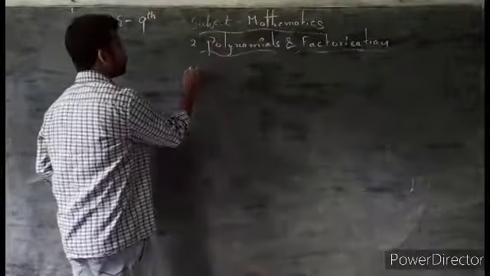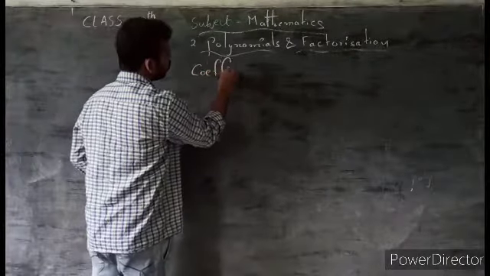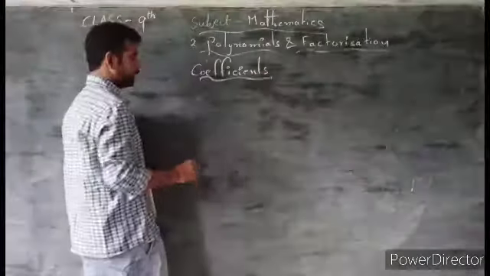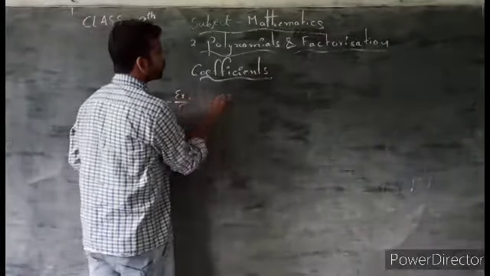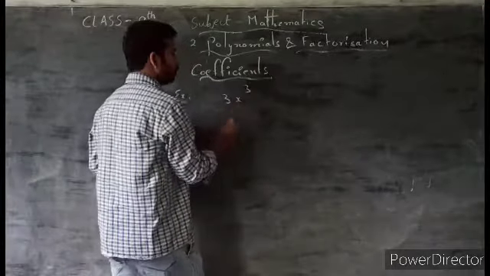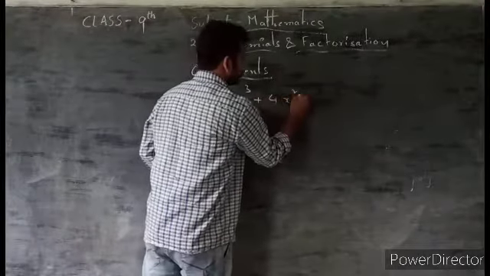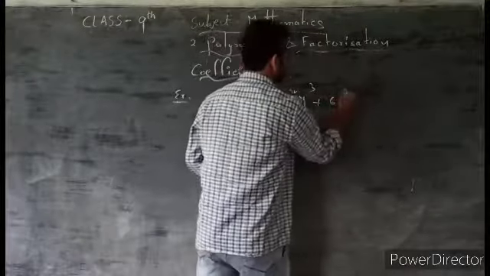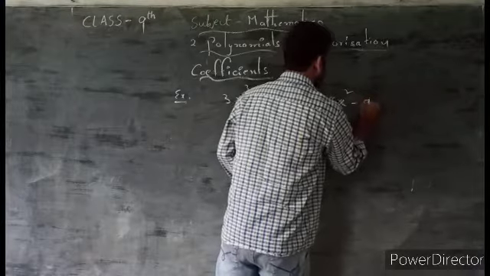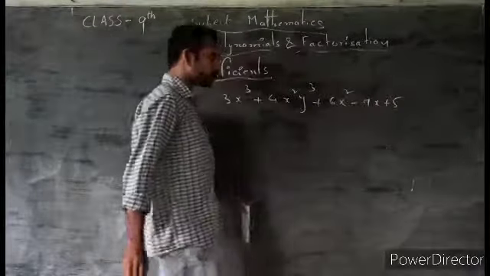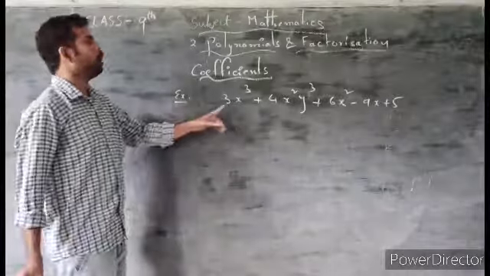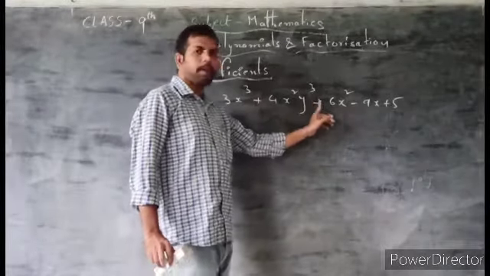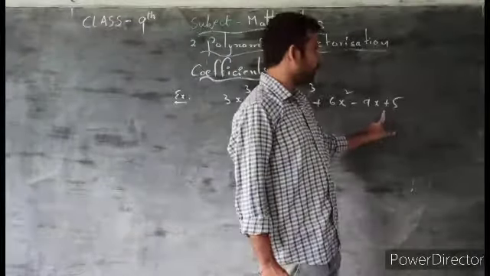Then coefficients. For example, 3x cube plus 4x square y cube plus 6x square minus 9x plus 5.